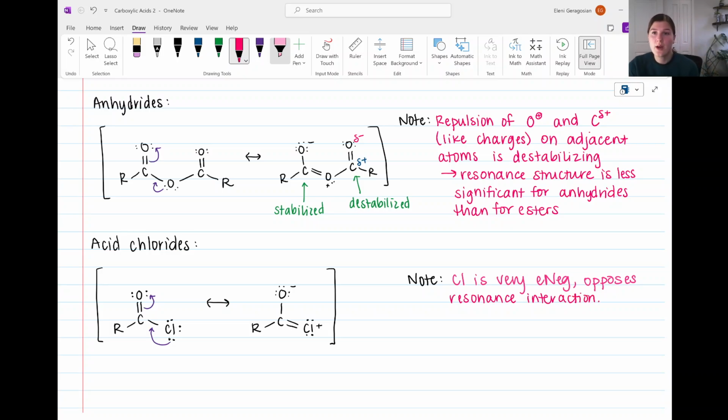There's another property of chlorine that's also very important here. And that's that if you look at chlorine on the periodic table, it's in the third row. And so that means the electrons in the valence shell of chlorine, so the outermost electrons for chlorine, are in the 3p shell.